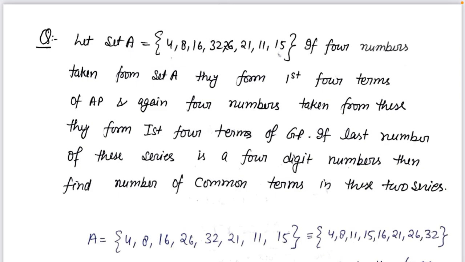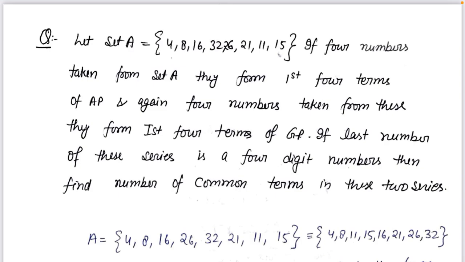If I take 8, 11, 8 plus 3, 11, 11 plus 3, 14, not there. If I take 8, 15, 8 plus 7, 15, 15 plus 7, 22, not there. So what can be the 4 terms which will form AP?